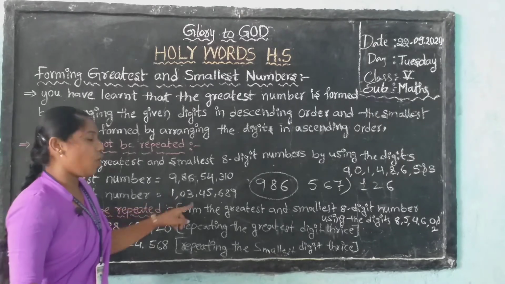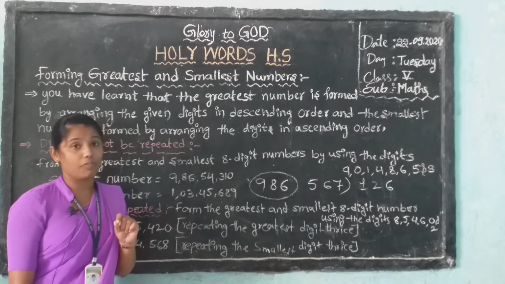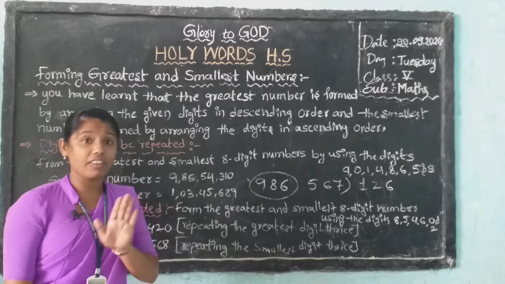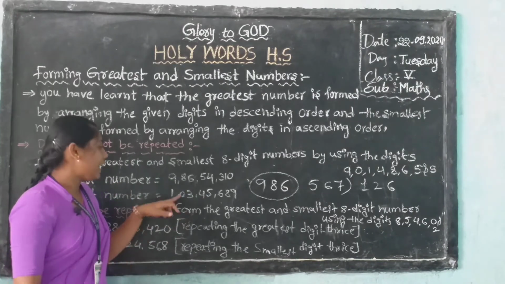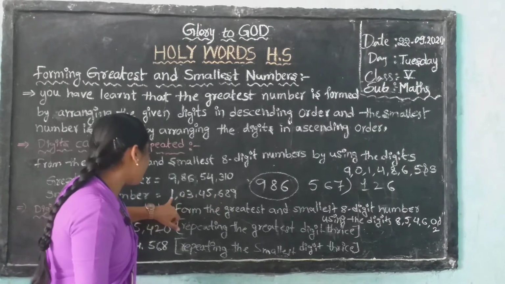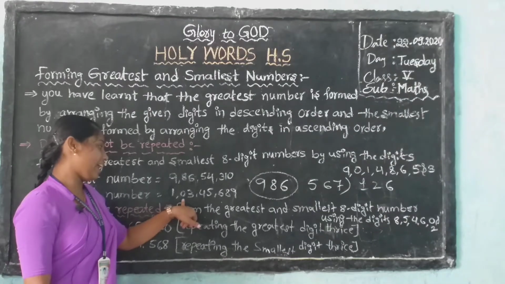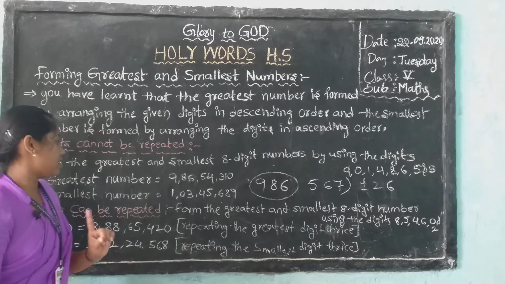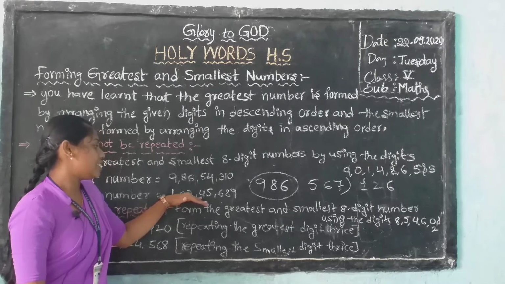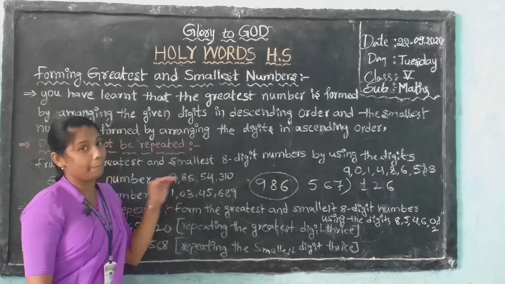As 0 does not have any value at the beginning, it is placed in the second place from the left. Always remember that 0 does not have any value at the beginning.